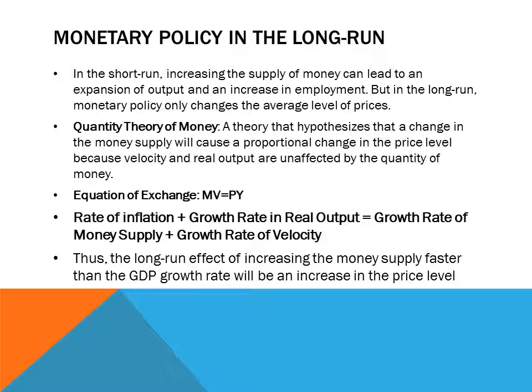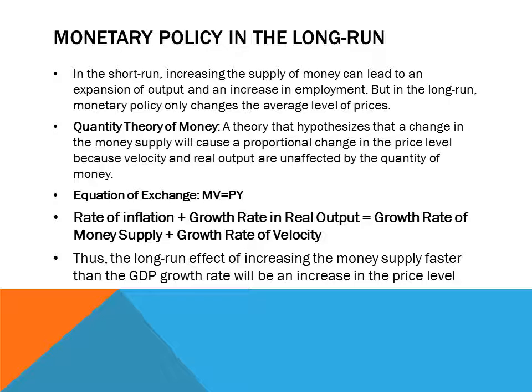So far, we have focused on monetary policy and its effects in the short run. Now we need to take a look at how this policy impacts the economic system in the long run. In the short run, increasing the supply of money can lead to an expansion of economic output and an increase in employment. But in the long run, monetary policy only changes the average level of prices.